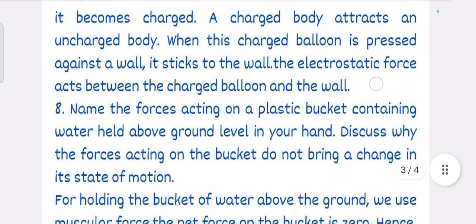Answer: it becomes charged. A charged body attracts an uncharged body.